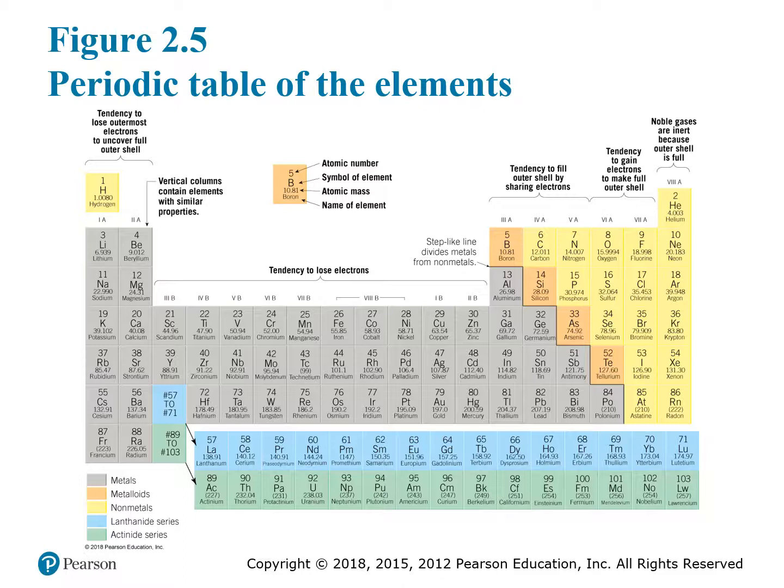Here's a picture of the periodic table. As you can see, element number 1 is hydrogen, which consists of 1 proton and 1 electron. Over on the far right is helium, which has an atomic number of 2. And here we see if the atomic number is 2, there must be 2 protons in the nucleus.